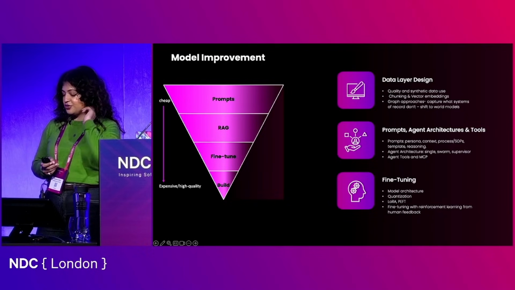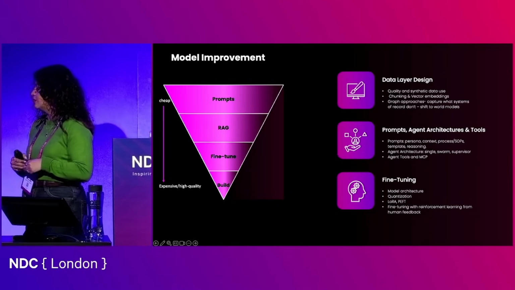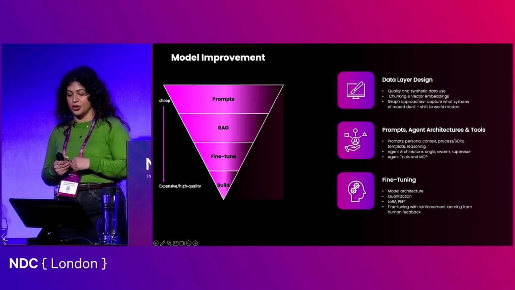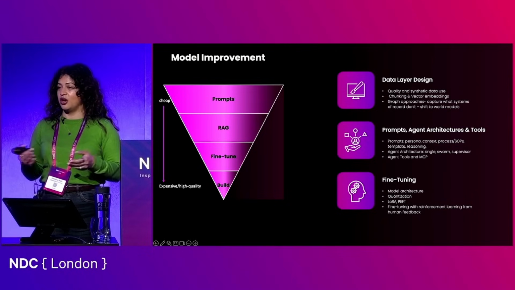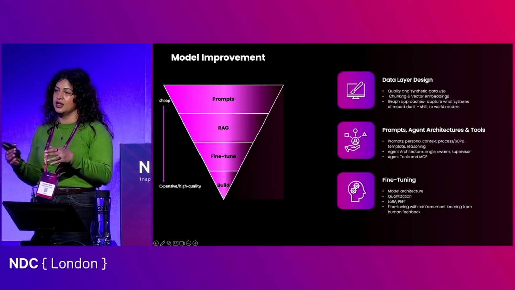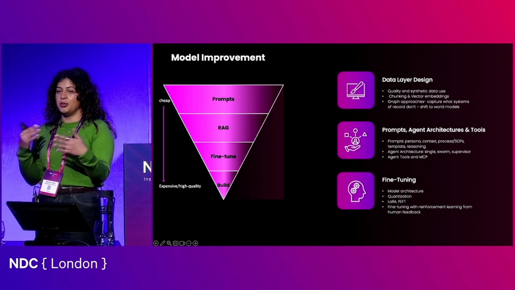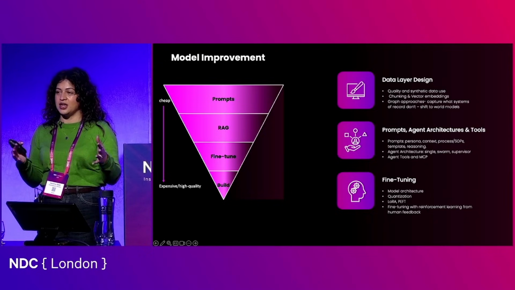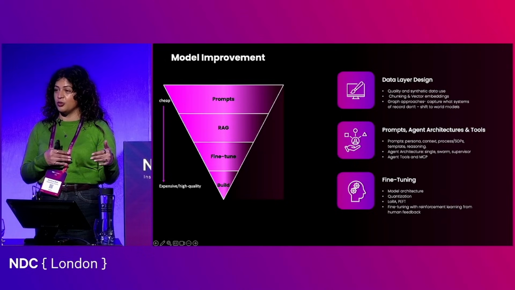So I mentioned fine-tuning, and we don't want to jump straight to a lot of the expensive approaches that I referenced before, but we can actually look at model architecture. Everyone talks about GPT, which follows a decoder-only type architecture. But before that, there are many different model architectures that were performant for different use cases.